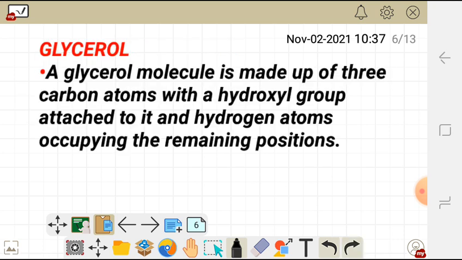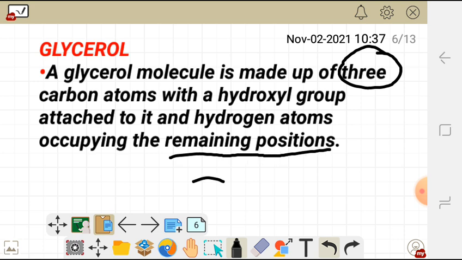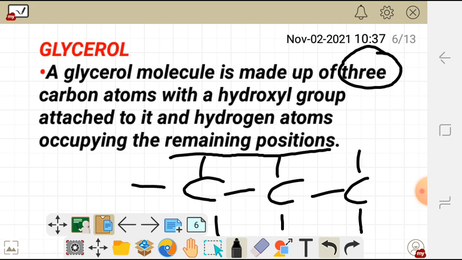Glycerol is simply a molecule made up of three carbon atoms, each with a hydroxyl group, which is OH, attached to it, and the remaining positions are occupied by hydrogen atoms.